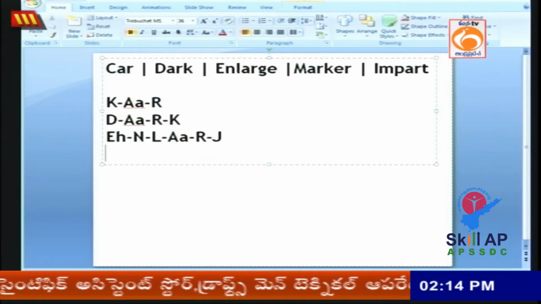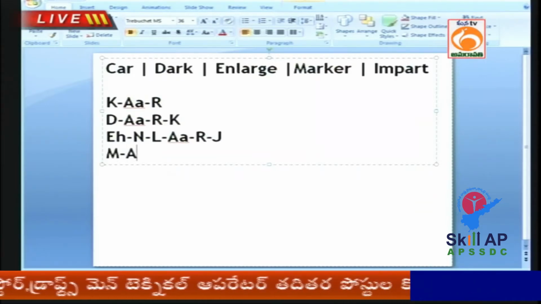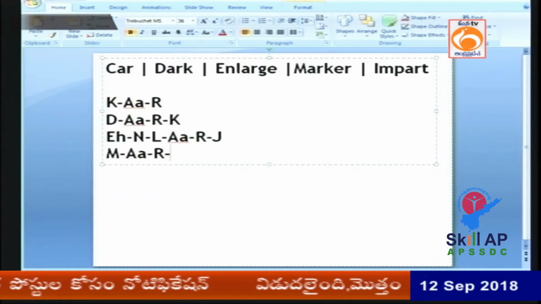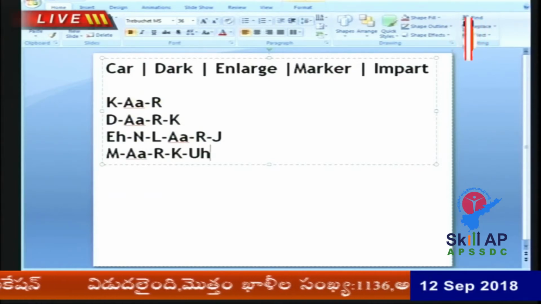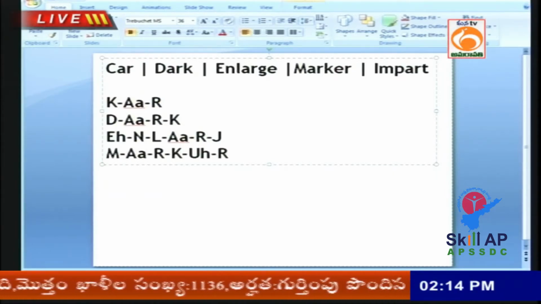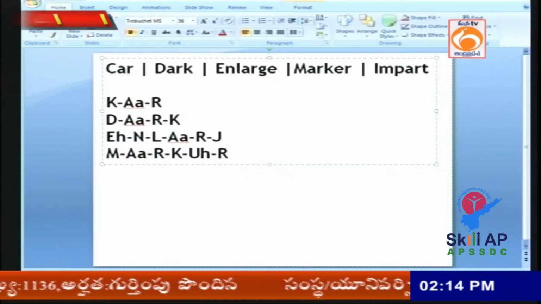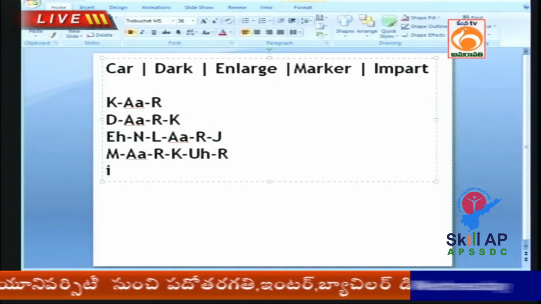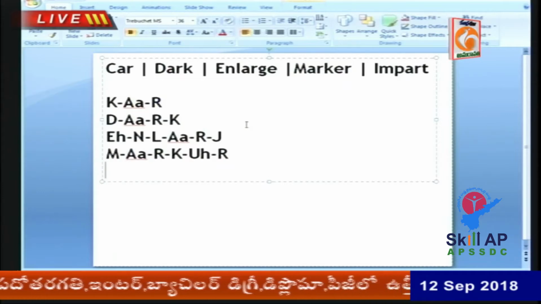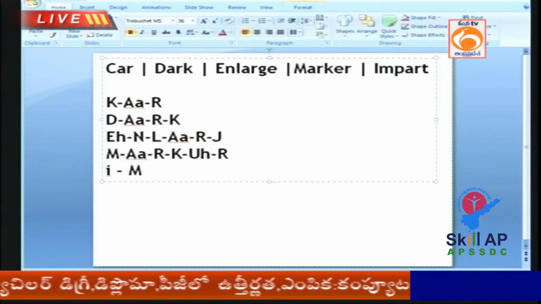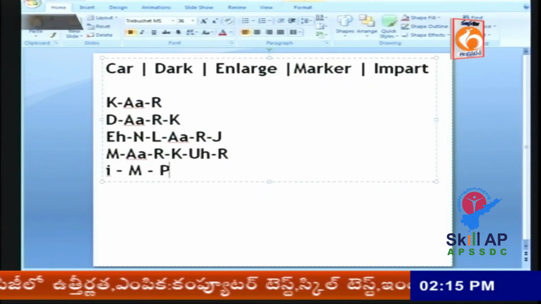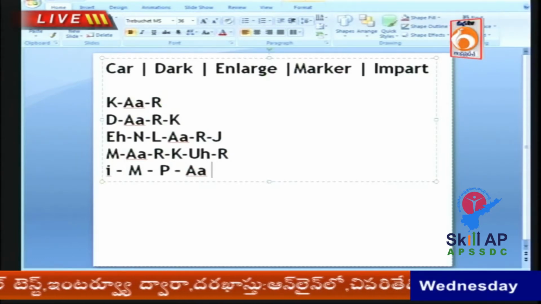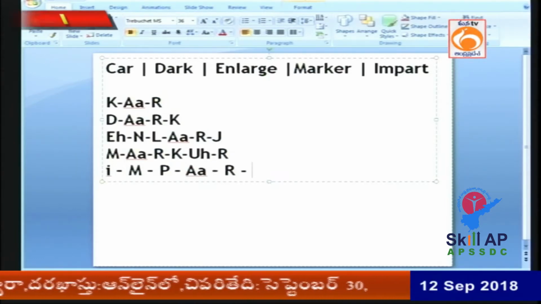Marker, m, a, r, mar, k, short vowel sound a, r, mar, ker. Impart. Now this is short vowel sound E. Im, pa, r, t.